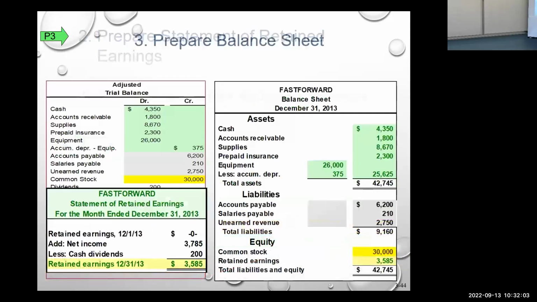Then after you do that, you're gonna make the balance sheet.